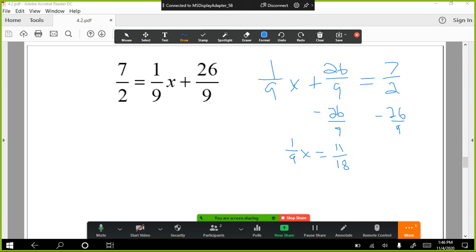And the same thing, I'm going to divide both sides by 1/9. So that cancels and leaves me with x. And then 11/18 divided by 1/9 is 11/2.